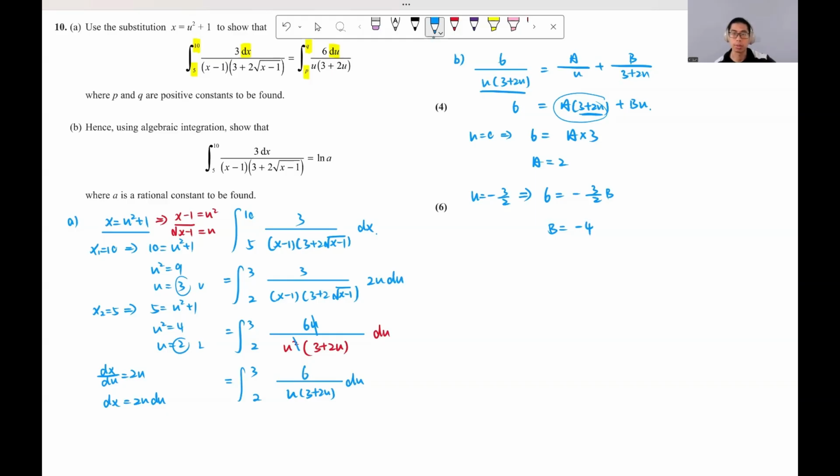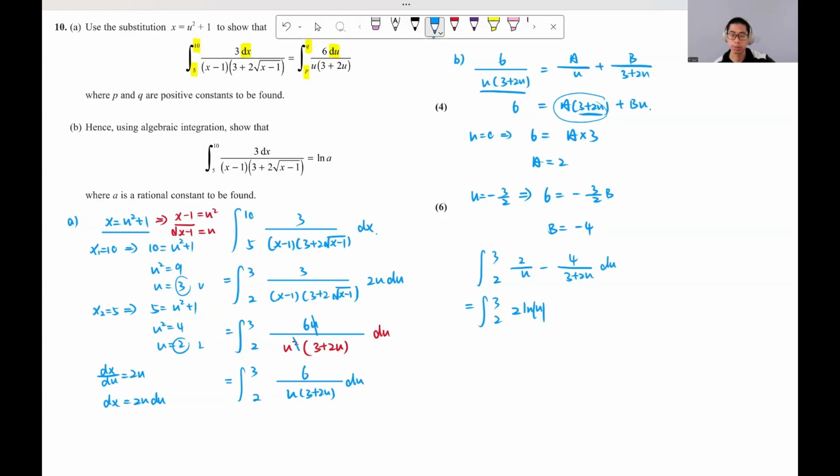So we can change that into the integral from 2 to 3 of 6 over u times 3 plus 2u, which now becomes, A is 2, so 2 over u, and B is negative 4, so minus 4 over 3 plus 2u, and then du. So integrating this, 2 over u is just 2 times ln u, because 2 is just a coefficient, it doesn't change. 1 over u integrates to ln u.